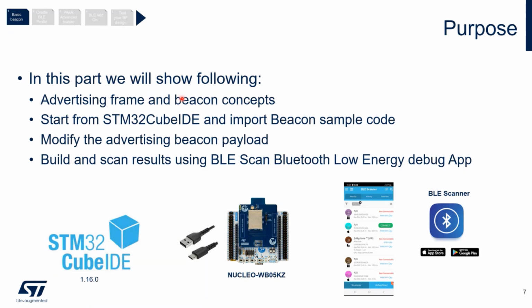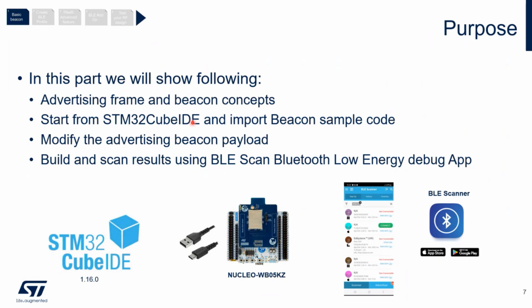We'll go through the concept itself. Then using STM32CubeIDE and CubeMX, we will import a basic beacon sample code, part of the package. We'll browse the code, try to understand the theory versus the code implementation, and then we will scan and discover our beacon, okay?